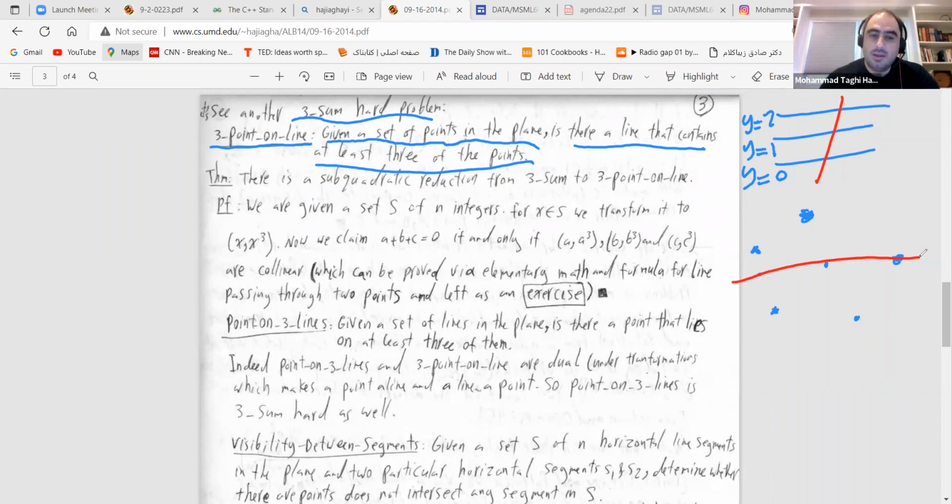So, good. Let's give a subquadratic reduction from 3SUM to 3 points on a line. By the way, we talked about in the previous problem, we needed to make sure that all these reductions are happening in subquadratic time.